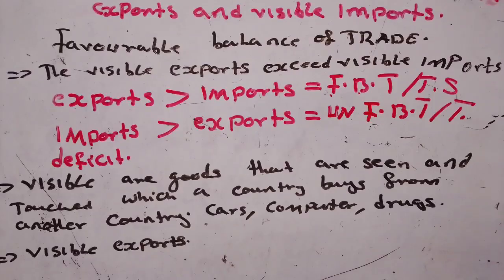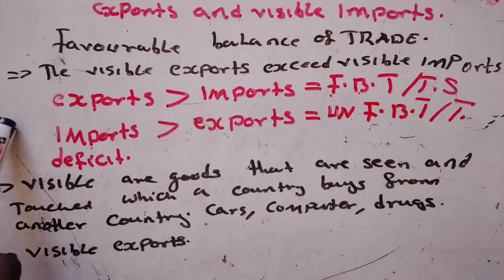Okay, so a country's balance of trade is said to be favorable when there is a trade surplus. So trade surplus is the same as favorable balance of trade, and this is when the visible exports exceed the visible imports.